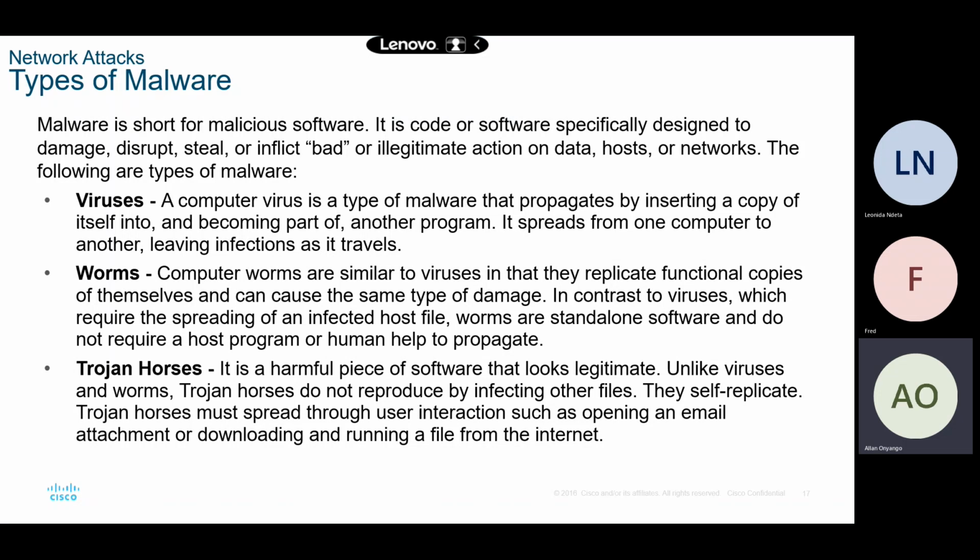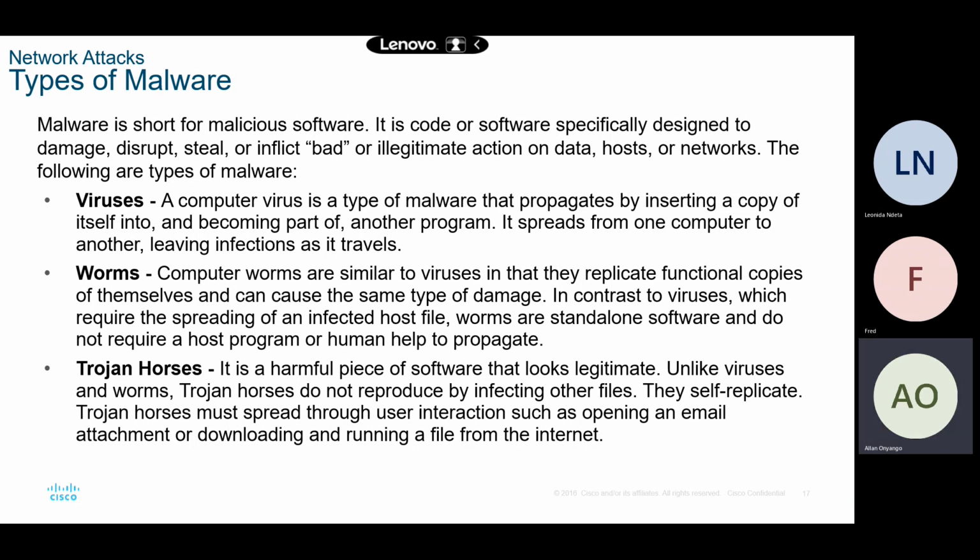For network attacks, we now talk about three types of malware. And you know what malware means in full? Malware means malicious software. The word malicious, of course, means harmful.